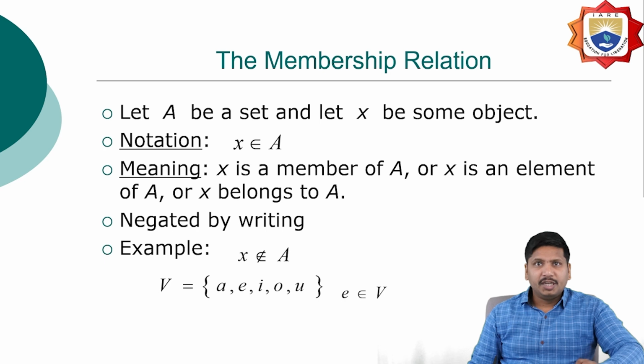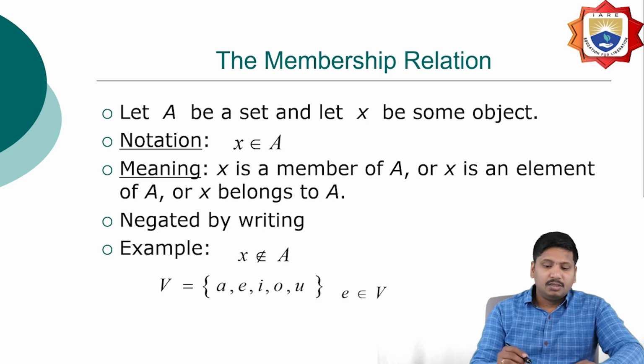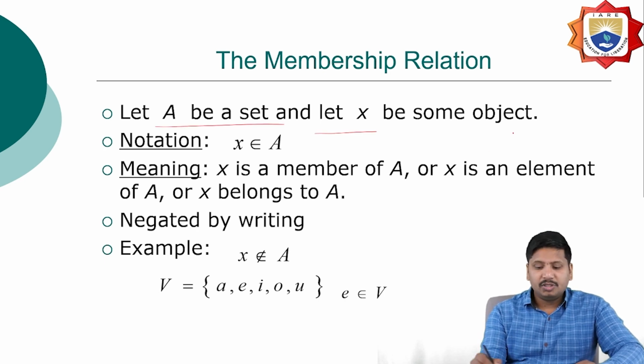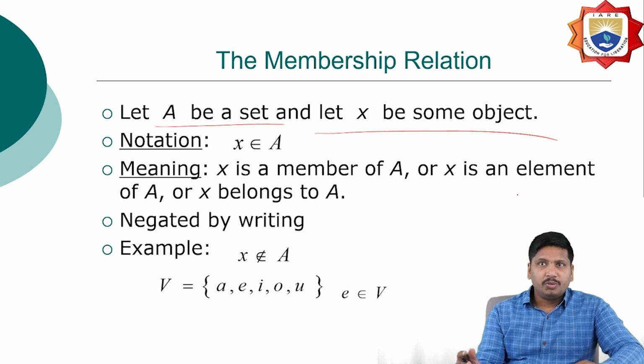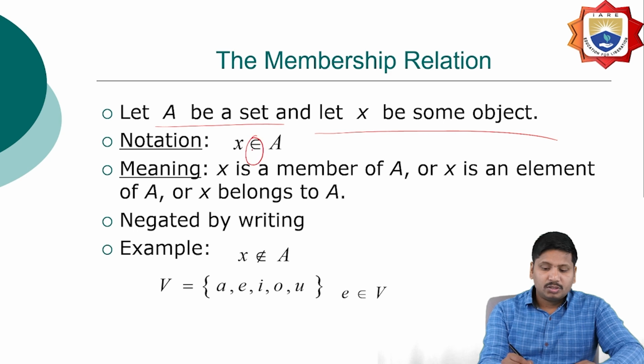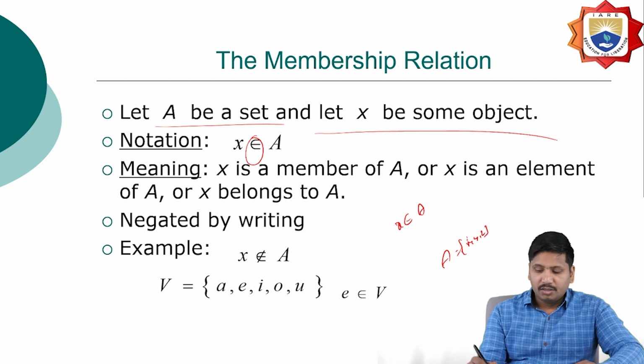And membership relation. Here let A be the set and x be the object. How can I represent the relationship between the two elements? X belongs to A. That means a set A consists of x, y, z, something, where x is an element of the set A. So how can I write it?